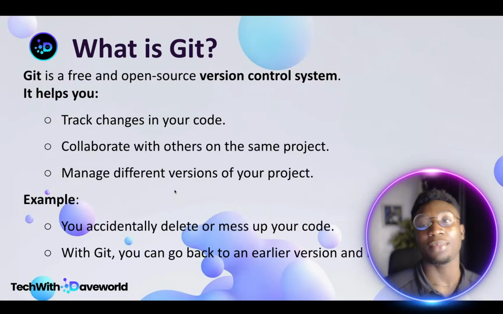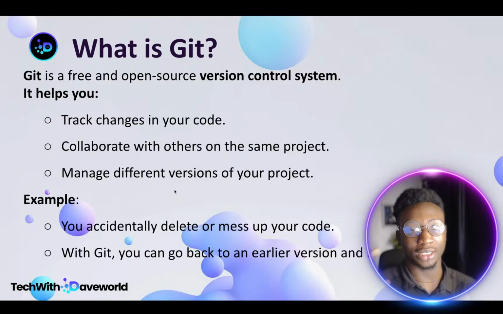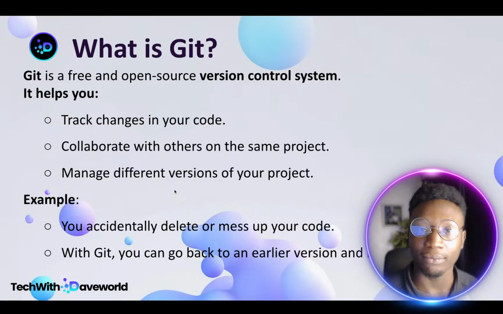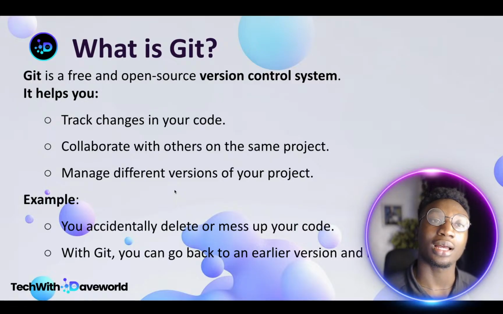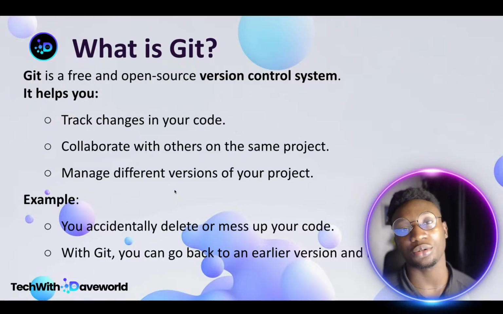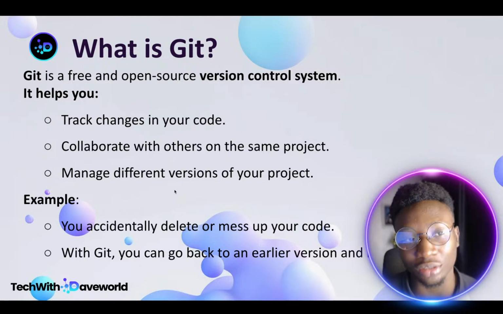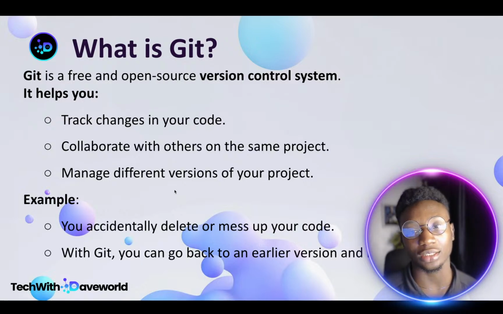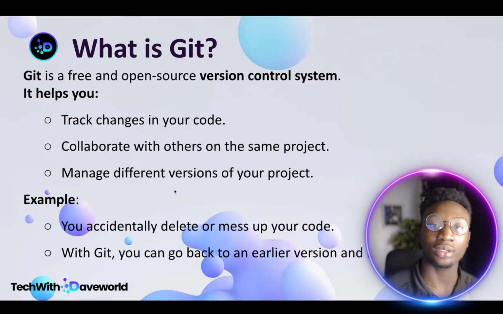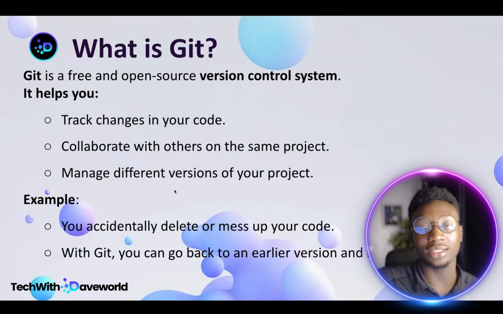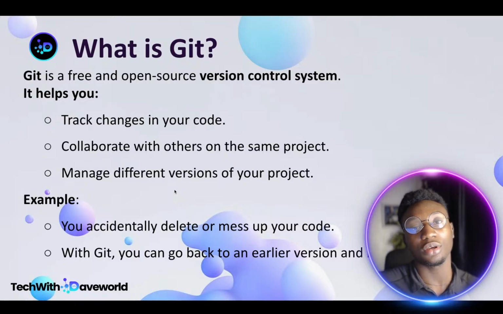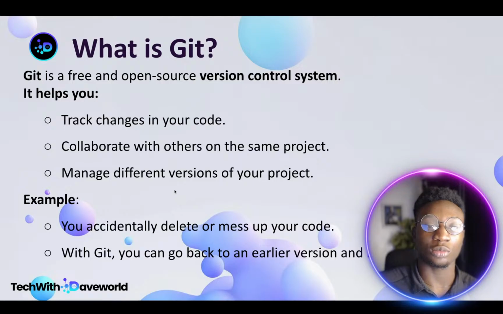So you can see that with Git, you can go back to an earlier version and recover it. Like I mentioned earlier, if you are working on a particular project, let's say you saw a project online that was using version 1.0, and that tutorial project was done like 4 years ago. Obviously the version that that library is using today would have been upgraded. So let's say in 2022 it was using version 1.0, and in 2025 it is now using version 4.0, right?